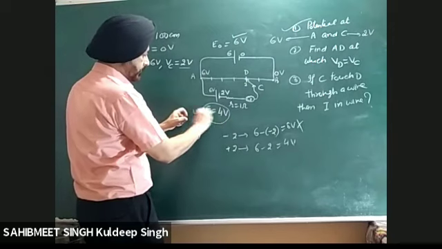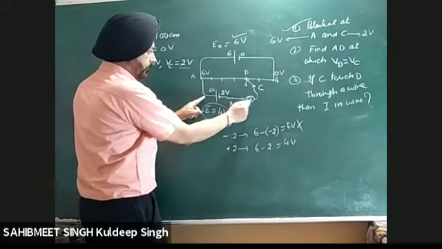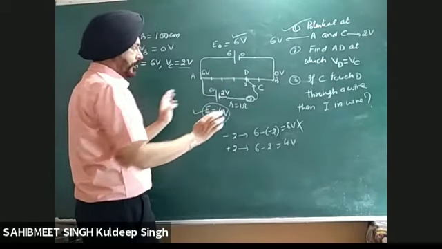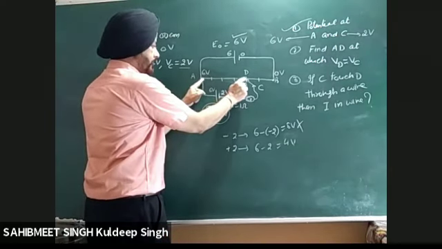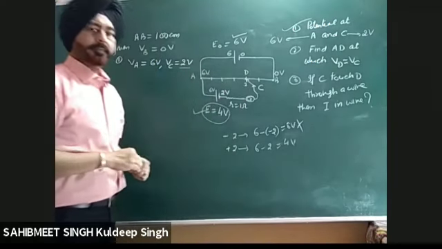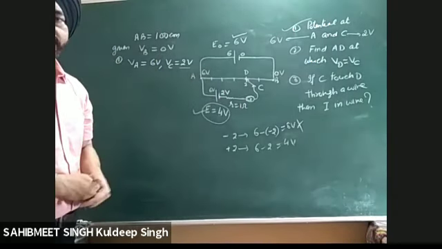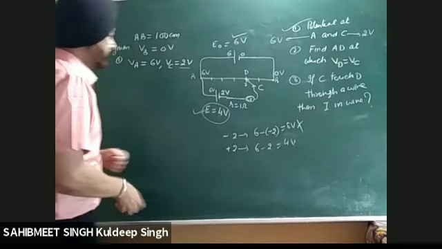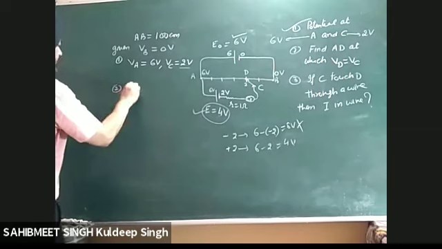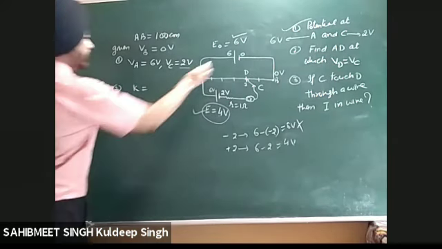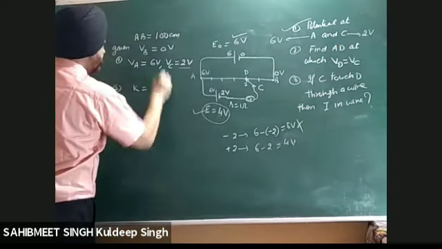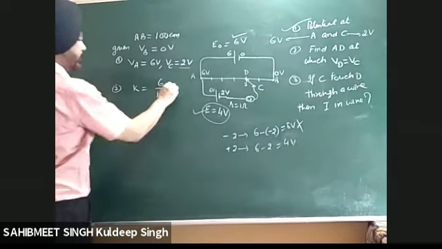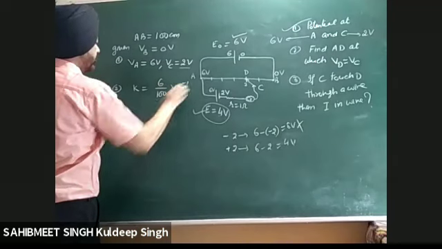And what is the EMF of the cell? 4 volt. Therefore, now it is balanced. So what is the length of this? To find the length, the previous old concept, we need the potential gradient. So the potential gradient is equal to 6 divided by 100 volt per centimeter. Remember, volt per centimeter.